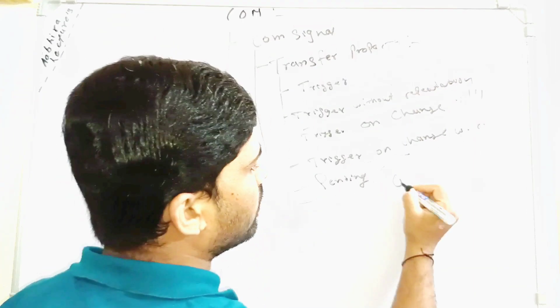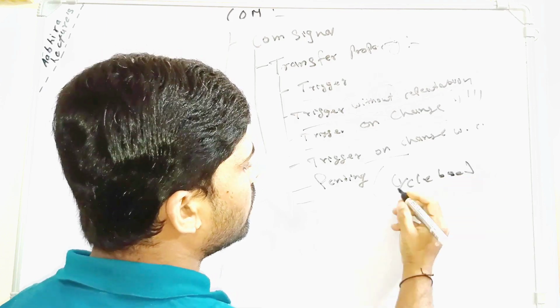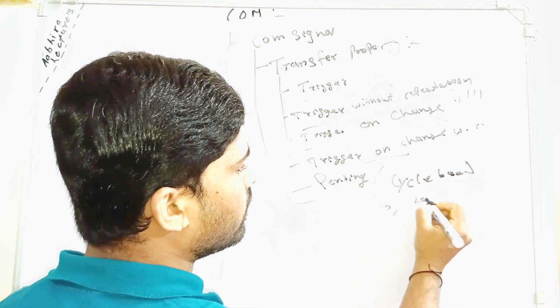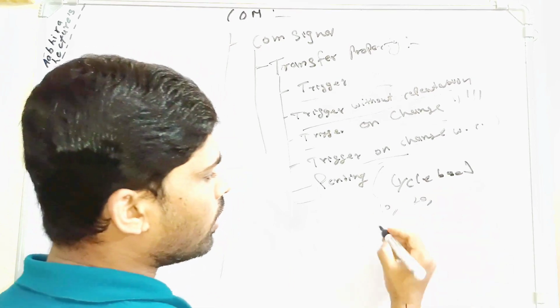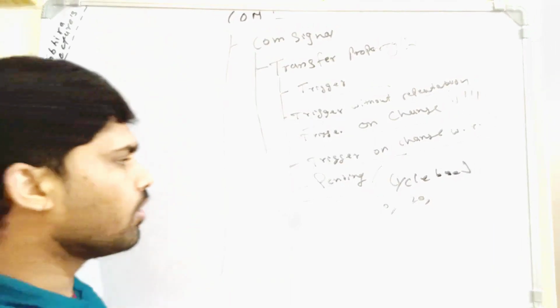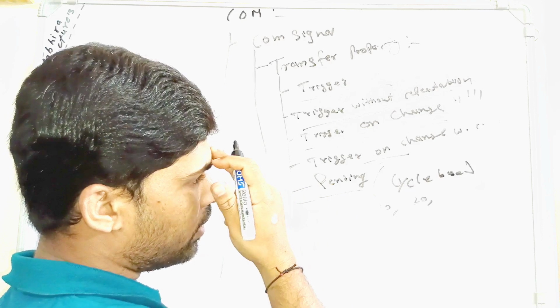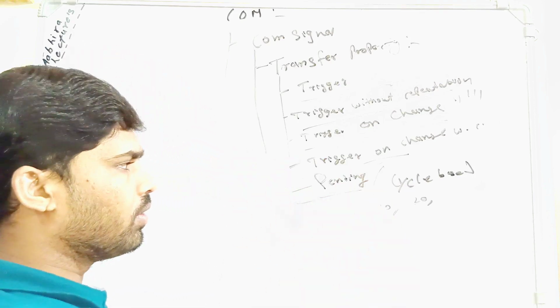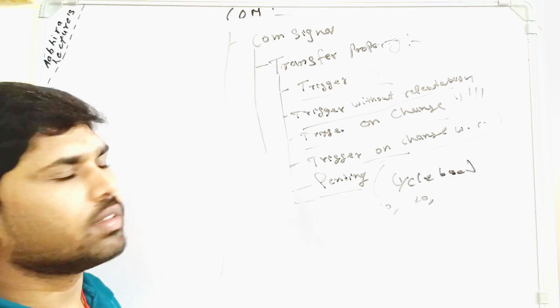Okay, pending means it is cyclic based. So wait for 10 second, 20 second, then that particular signal will transmit. That is called pending, or we can say periodicity, the cyclic based. Okay, so these are the 5 parameters in the transfer property.